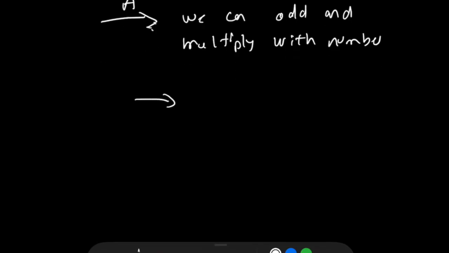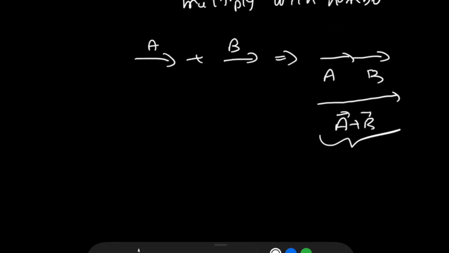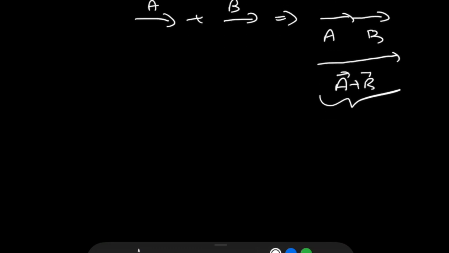So a plus b, we have a and b, this is the a plus b, the total addition. If they are on the same side, same direction, add to each other.